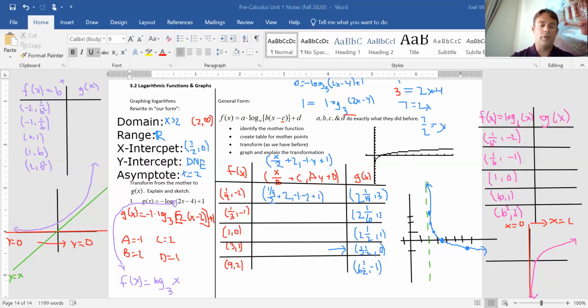Alrighty, friends. So what you're going to do is you guys are going to try this one right here. I'm going to write it up here. I know you have it on your notes, but I'm going to write it up here. That way you can use this as a little bit of a guide to help you out.